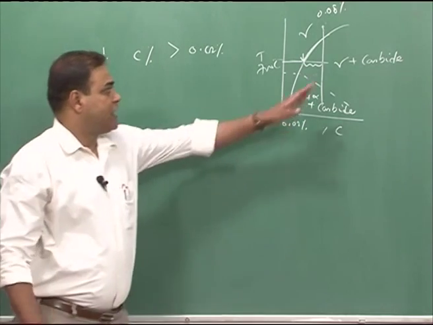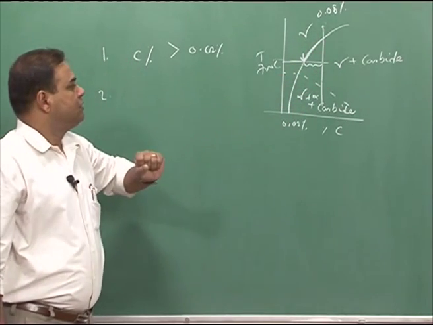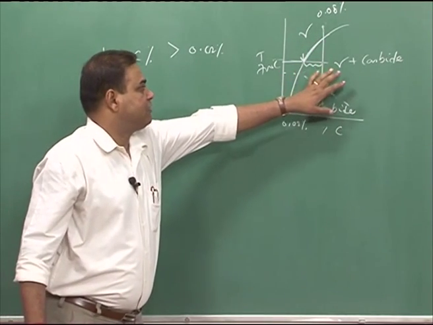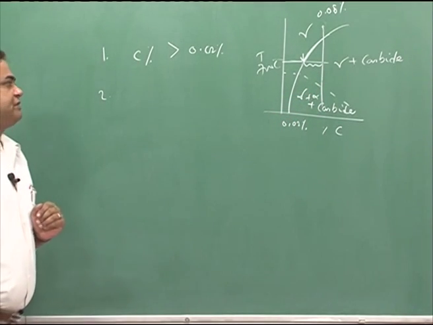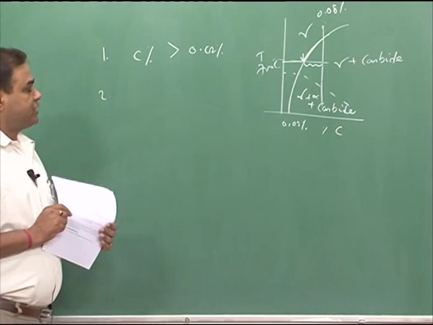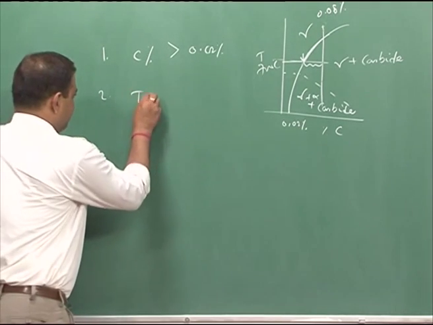And if we have very rapid cooling, we do not have sufficient time for carbide formation, and we do not have the problem of carbide precipitation along the grain boundary. So, time is an important issue.